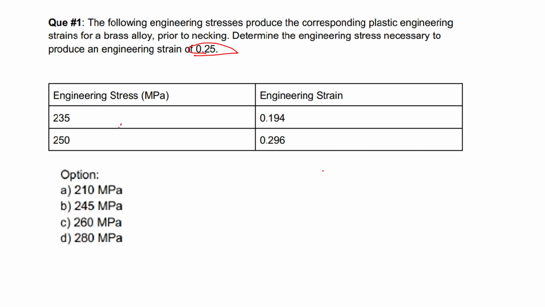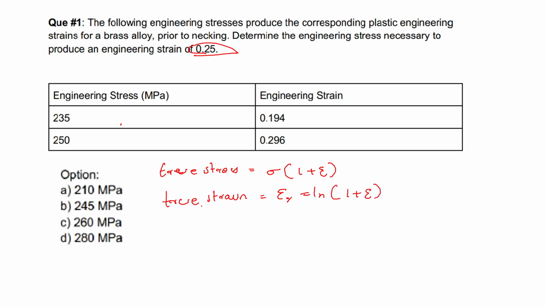What are those? True stress sigma_t is equal to S into (1 plus epsilon), where S is the engineering stress, and true strain epsilon_t is equal to log(1 plus epsilon). Now, what do you have to find? First of all, you have to find the true stress and true strain also.